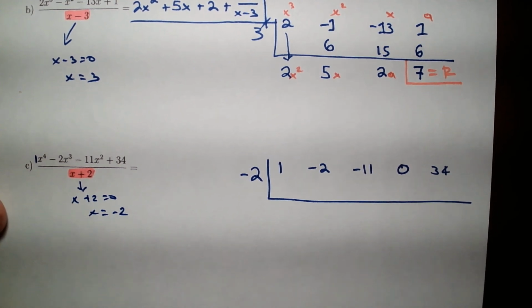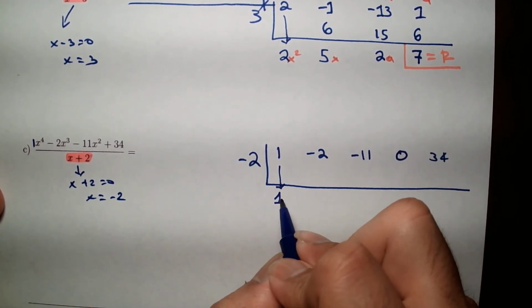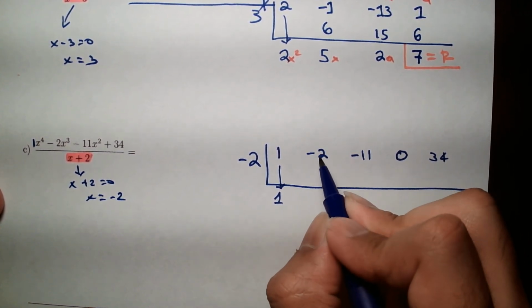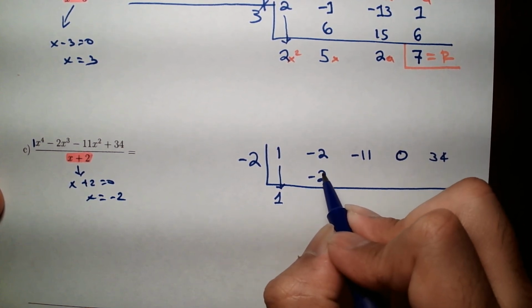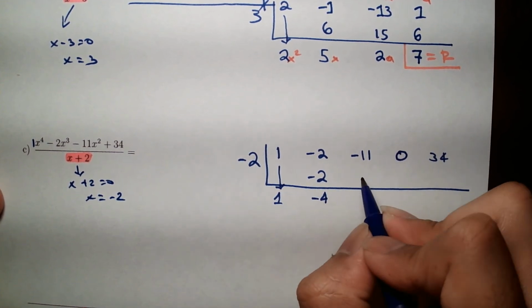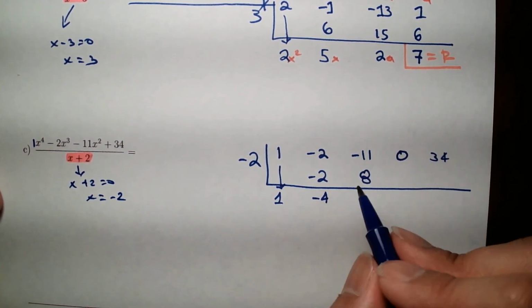-2. So what do we do? Drop the first term, multiply these two, -2 times 1, that's -2, put it below the number in the second column. -2 minus 2, careful, that's a -4. -4 times -2, that's +8, put it below the next number.